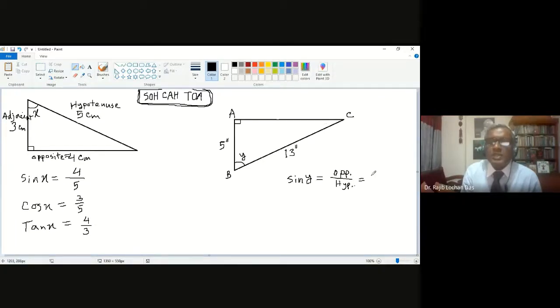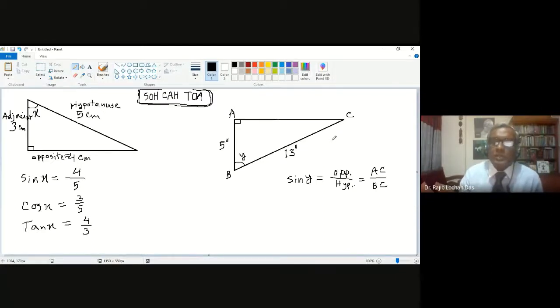Opposite means AC, and the hypotenuse means BC. If you do not know AC, then you have to find it out, because there is no other option.